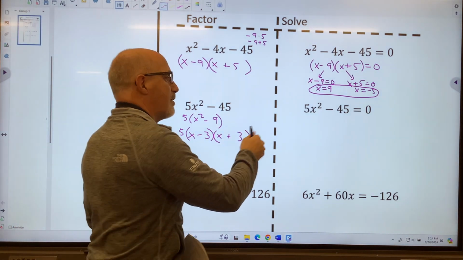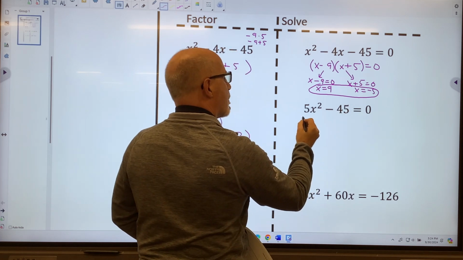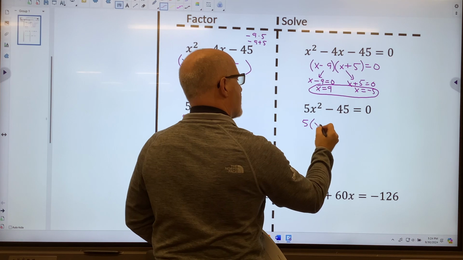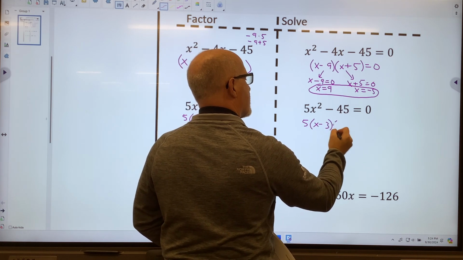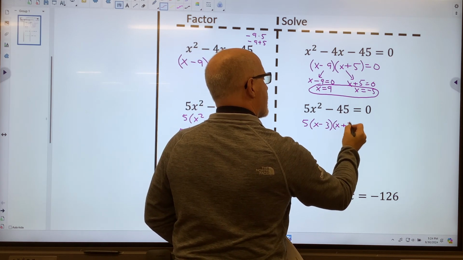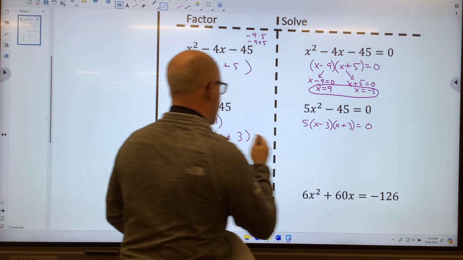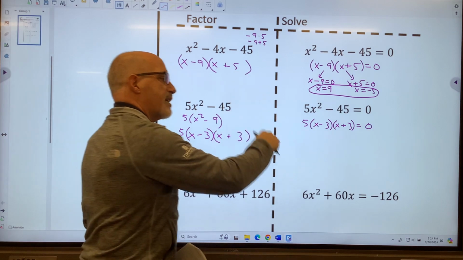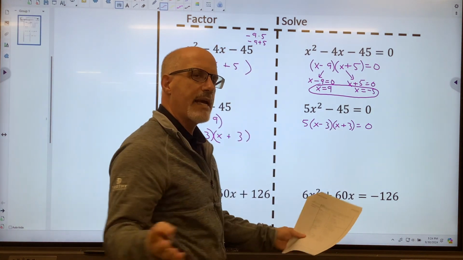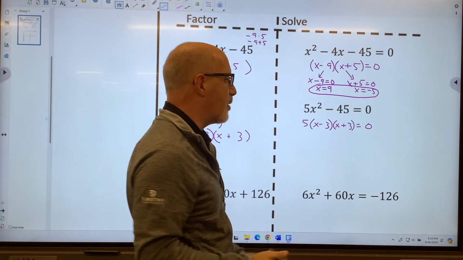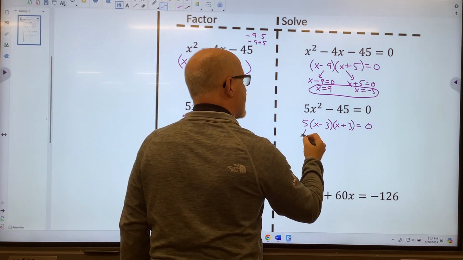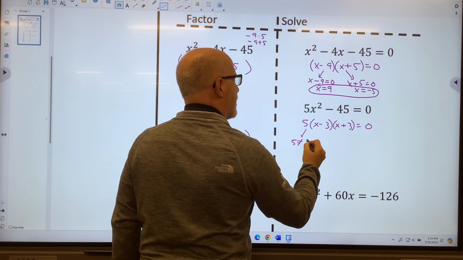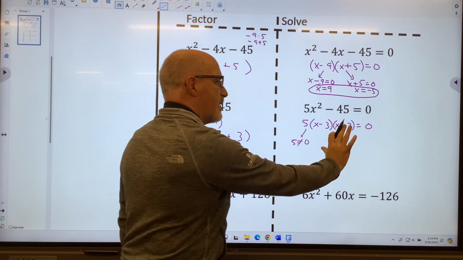Well, we're going to do the same thing for this. When it's equal to 0, we're going to factor it, so we get 5 times x minus 3, x plus 3. So we're going to take advantage of the work we have here. Now the zero product property tells me when I have things multiplied, one of them has to equal 0 to zero it out. Well, we know that 5 cannot equal 0, so don't even consider that one.